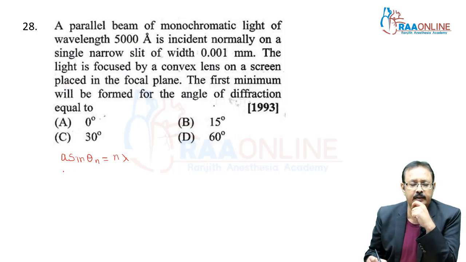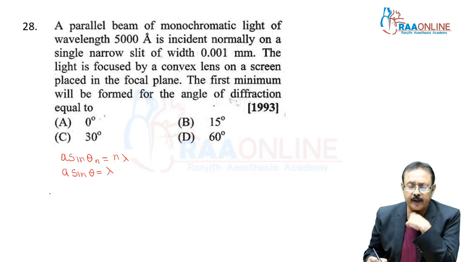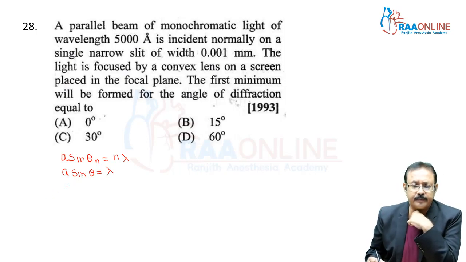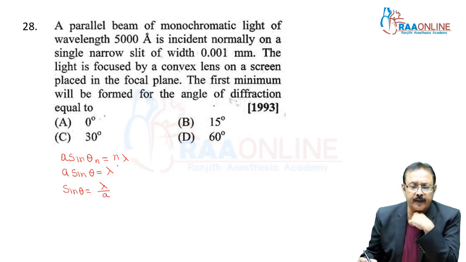For first, n is equal to 1, so it should be lambda. So we are getting sin theta equal to lambda by a.